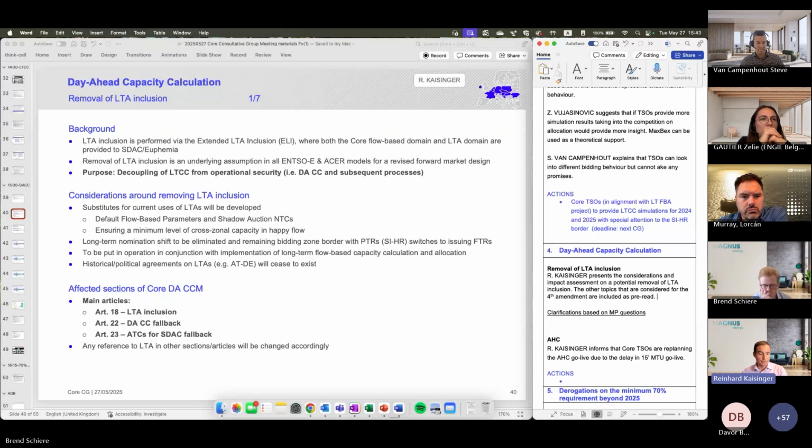Then the day-ahead capacity calculation fallback, which will be tackling the DFPs, and then the ATCs for SDOC fallback, so the shadow auction NTCs in case of SDOC decoupling. Other articles that refer to these would potentially also be affected, but these are the main ones that we're looking at right now.